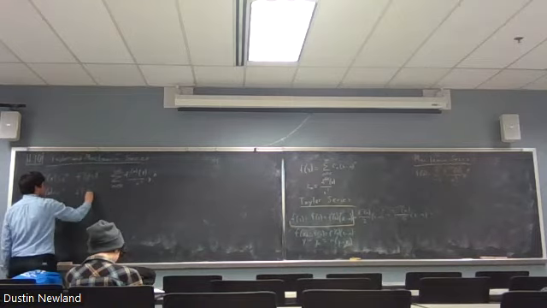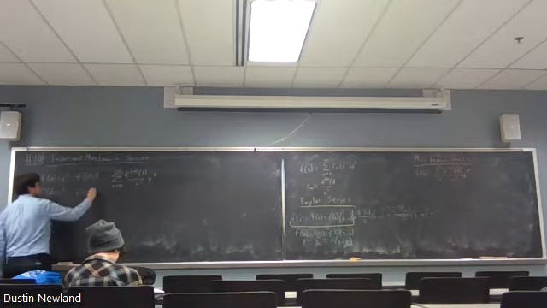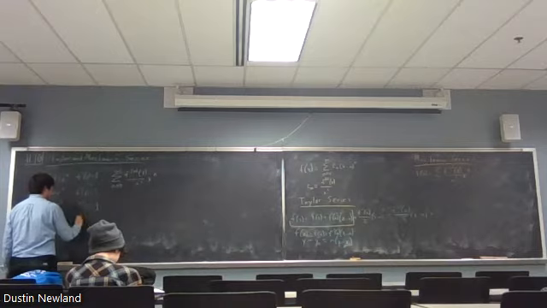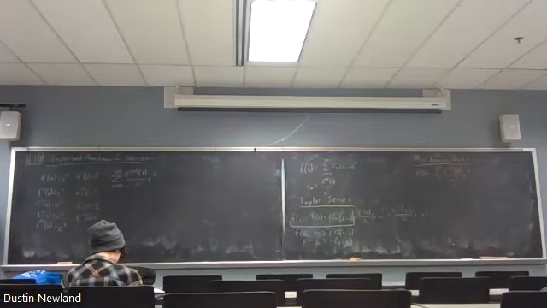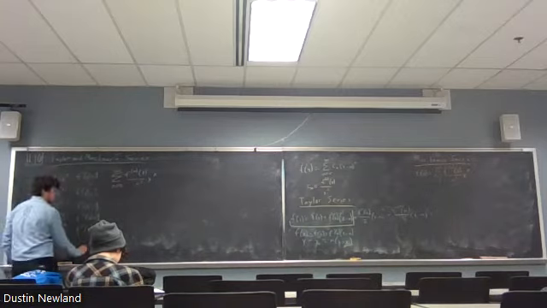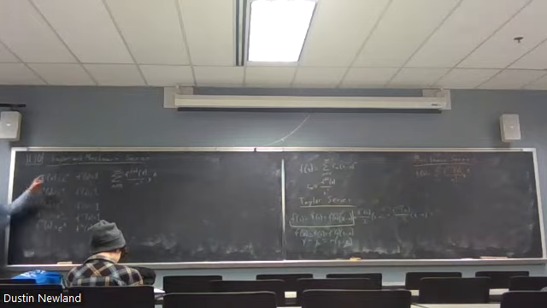What's f prime evaluated at 0? What's f double prime evaluated at 0? 1. Yeah. You guys are doing great today. What's f triple prime at 0? 1. And then the list would go on from here, right? So each of those f values are always going to be 1.